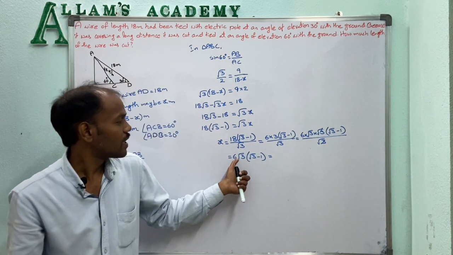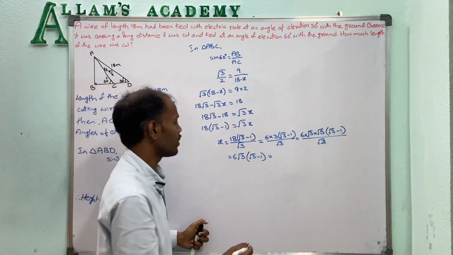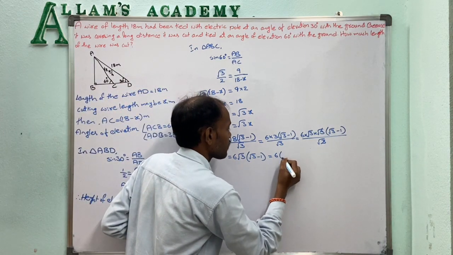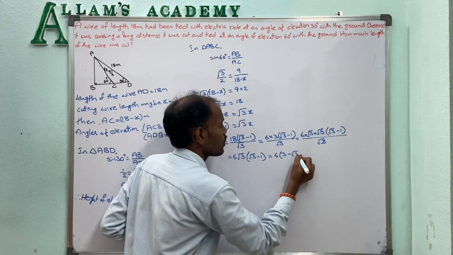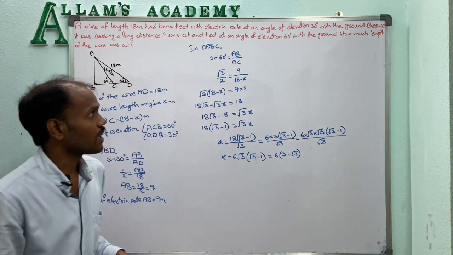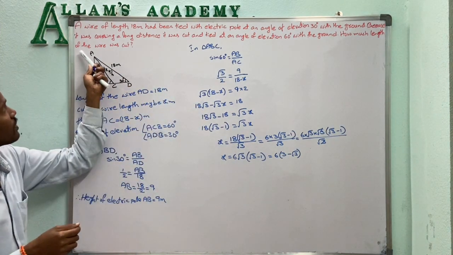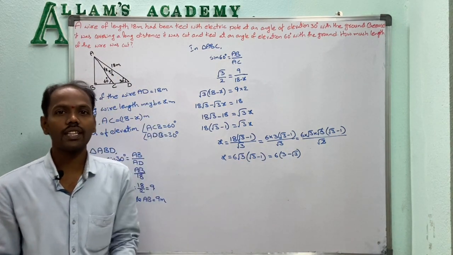Now multiplying this by root 3, root 3 into root 3 equal to 3, minus root 3 into 1 equal to root 3. So this is the value for x. That means the length of the wire that was cut is 6 into 3 minus root 3 meters.